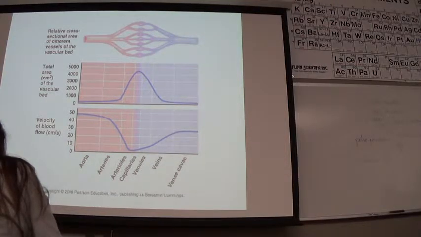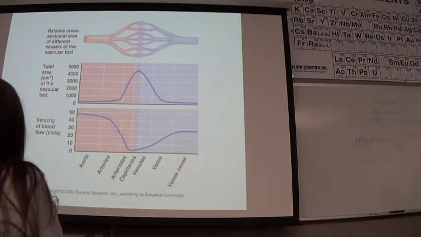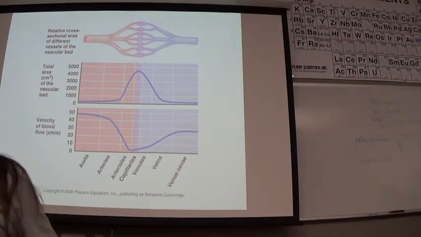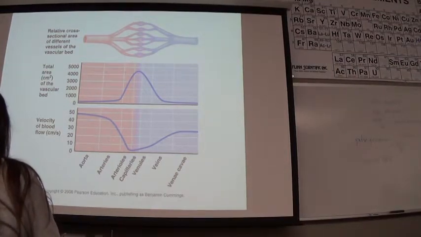So if we take the aorta, there's not as much total surface area, same volume, but not as much total surface area than if we had 100 vessels, each carrying a tenth of the volume of the aorta, but there would be more surface area for that total volume. Does that make sense? Because each vessel adds not only to the surface area and resistance, but it adds to the ability to change the volume.